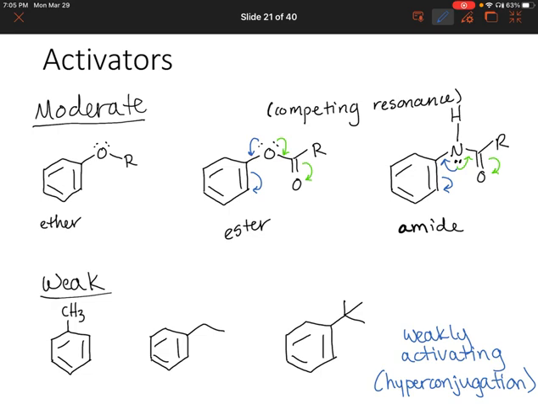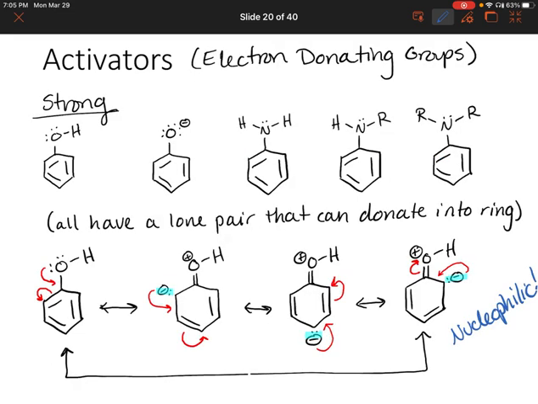Now let's also think about the kinetics of these different activators. So how would the strength of an electron donating group affect the rate of a reaction? So let's look at our strong activators. Do you think that these will cause faster reactions or slower reactions?